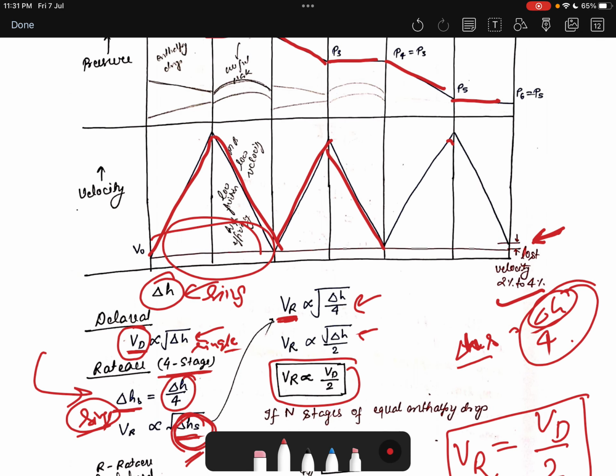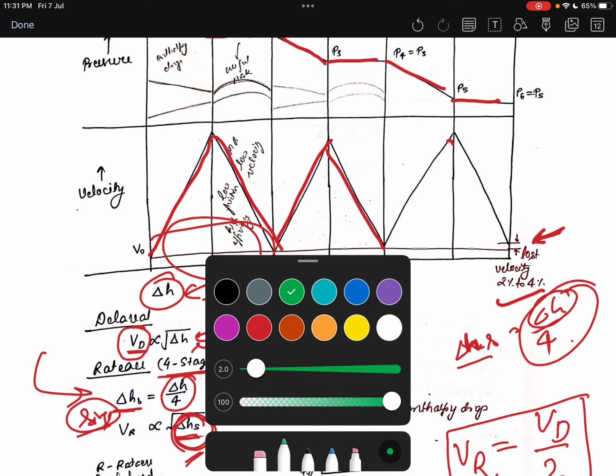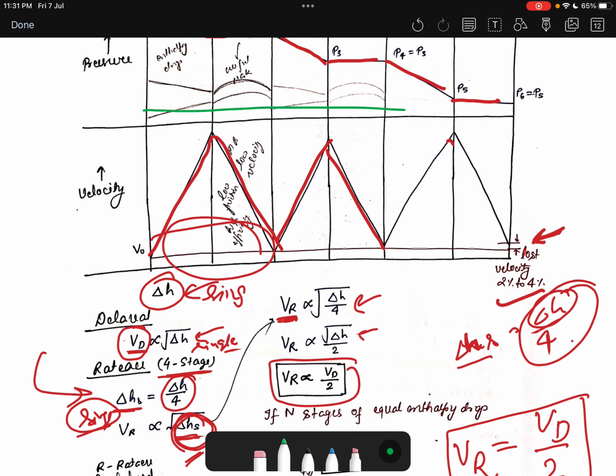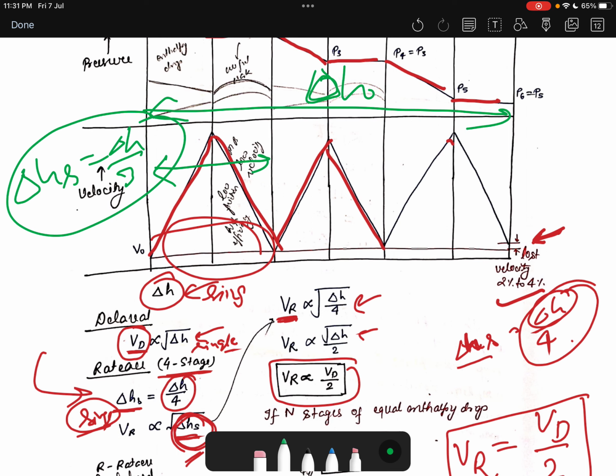Like the enthalpy drop, if I draw like this, the enthalpy drop is delta H here. So the enthalpy drop in a single stage, delta Hs, will be delta H by 1, 2, 3. For 4 stages, it is 4. Fine.